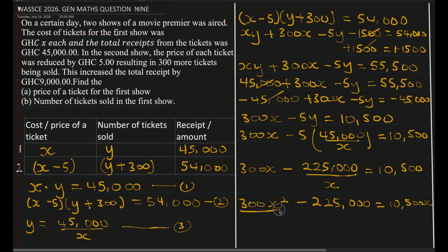So dividing through by 300, dividing here also by 300, and dividing here also by 300. This 300 cancels this 300. So we have X squared minus, now this goes into this 750 is equal to, this goes into this one 35X.